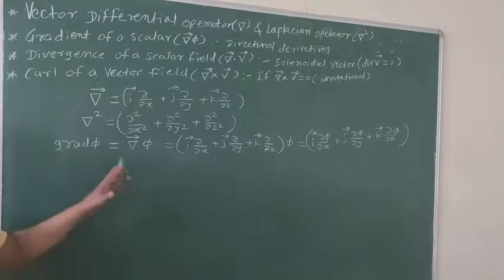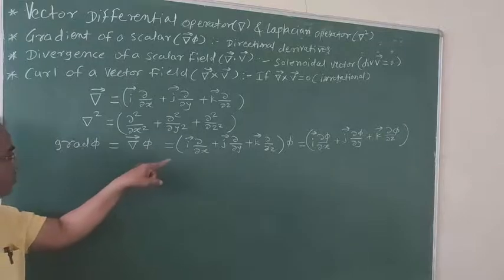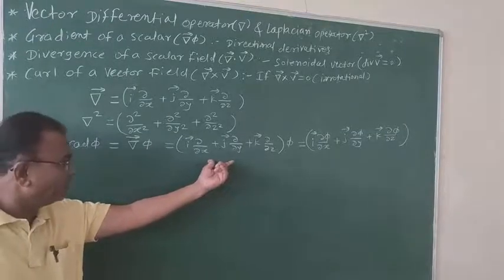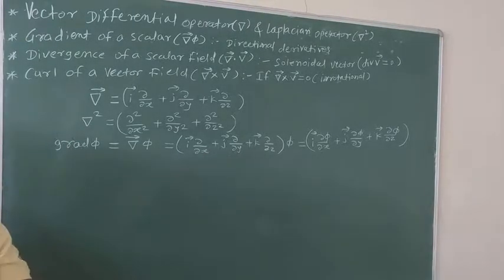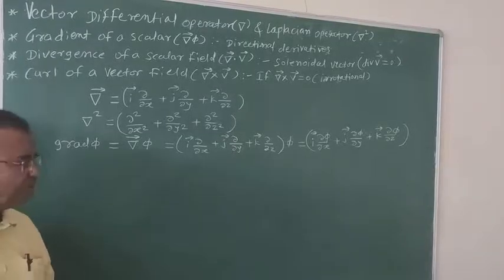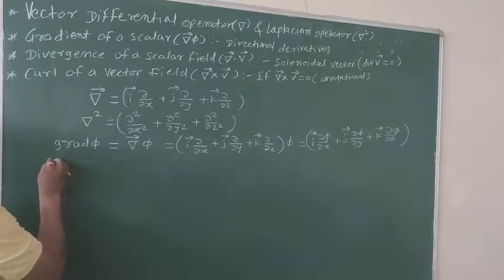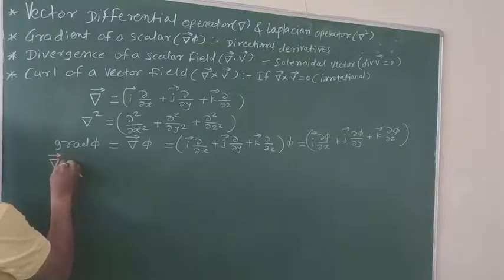After discussing the gradient of phi, one point again to be noted is how the del operator is used in mathematical methods in physics as an operator. To understand the meaning of operator, we consider the divergence of a vector field. The divergence is indicated by the symbol del bar dot.